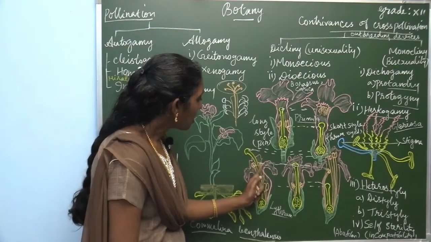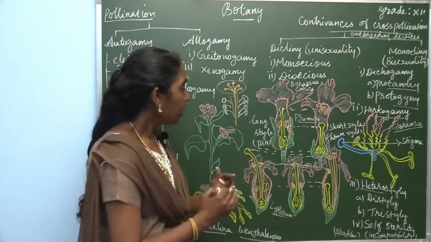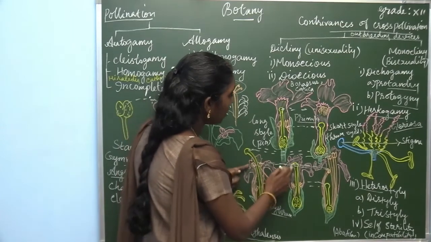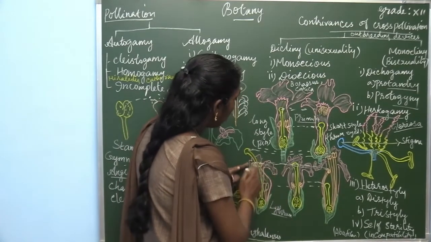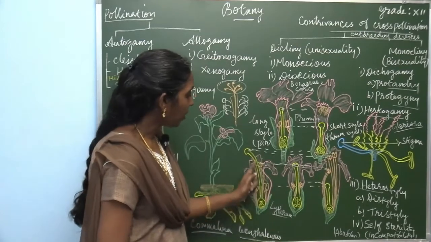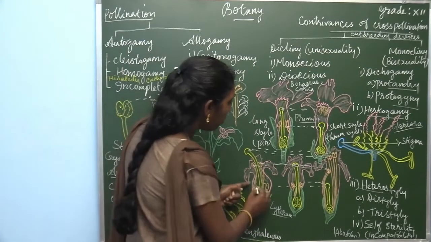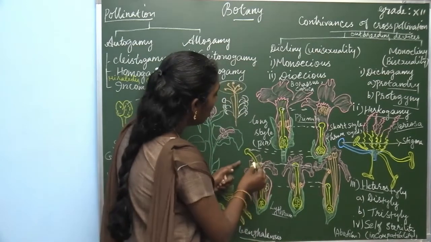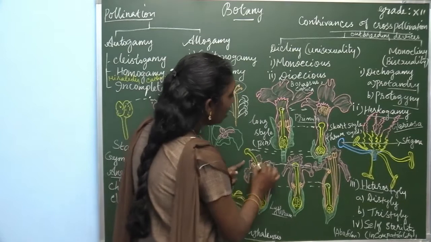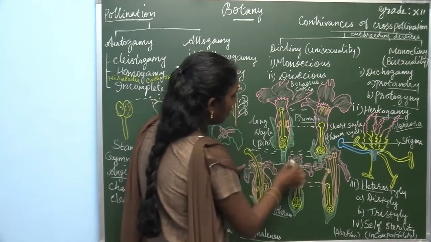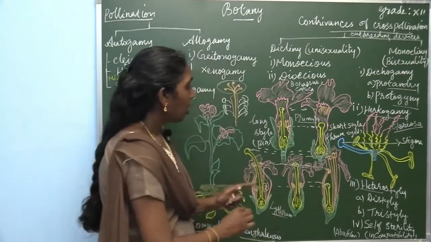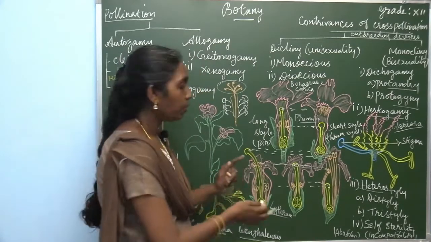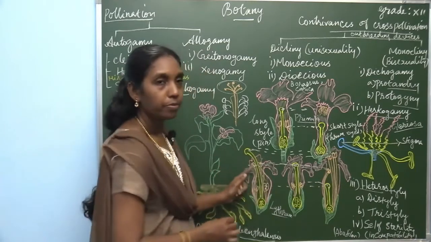And here is the stamen. There are different lengths of stamen, a long stamen and a short stamen. The pollen grain from this anther is dusted on this stigmatic surface. From this long stamen, the pollens are dusted in this region. So pollination takes place between two different flowers, but it is impossible to dust it from the same flower.